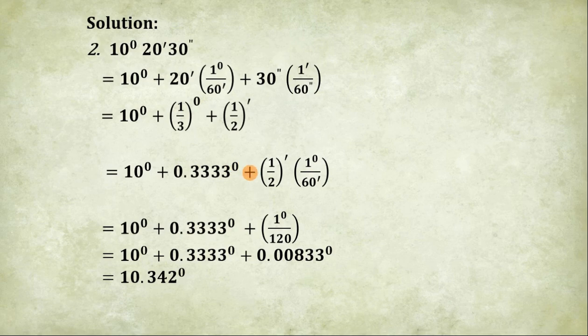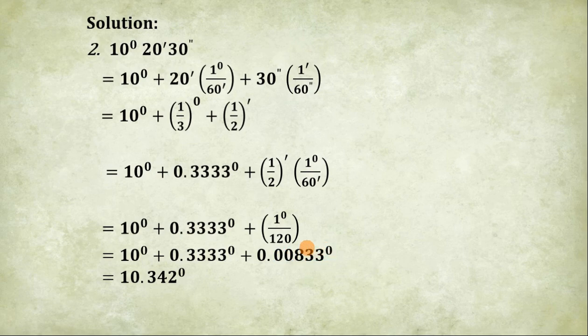Plus, the 1/2 minute will be multiplied by 1 degree divided by 60 minutes. So the minute unit will cancel out. And we have already here 1 degree all over 120. And if you press your calculator, you can have this value, 0.00833 degrees.